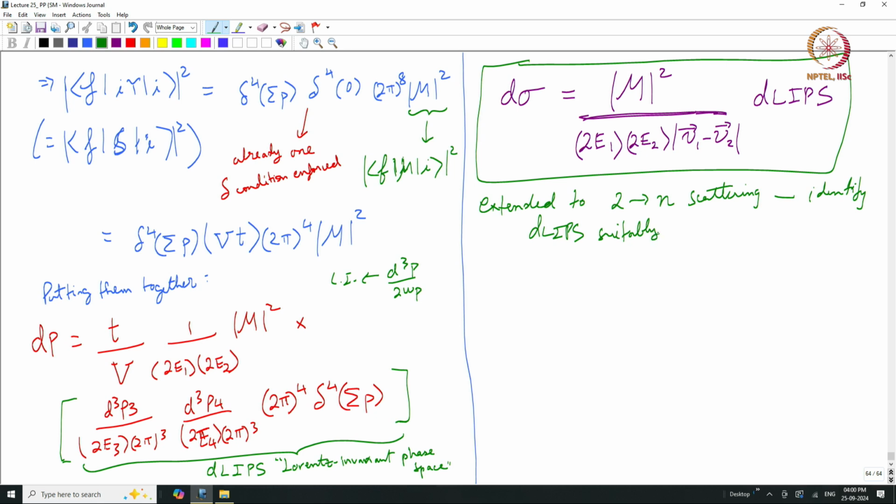So all that means is that if suppose there is a third particle, you will put d cube p5, and then you have to be a little more careful about the 2 pi factors and so on. And down here, the initial state you still have only 2 particles, it is just 2e1, 2e2. Okay. If it is 3 to 2, then things are a little more different. That is even harder to imagine what is going on there. It is not even clear what we mean by a flux there. So that is a harder thing to work out, but it can be worked out.